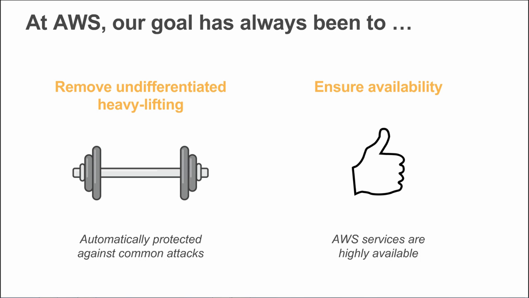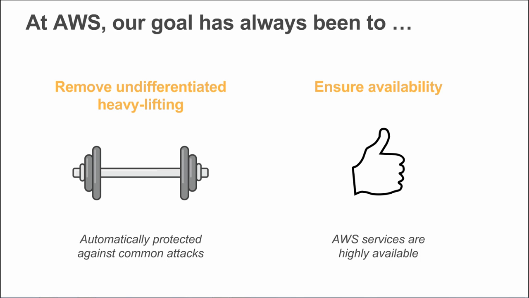Now, across AWS and across Amazon, we've always had DDoS protections. And since the beginning, we've always had DDoS protections enabled. And we did that largely to make sure that AWS services are highly available. We didn't want our customers to be worried about building or managing DDoS attacks and doing the undifferentiated heavy lifting just because they wanted to enable some common protections against DDoS attacks.